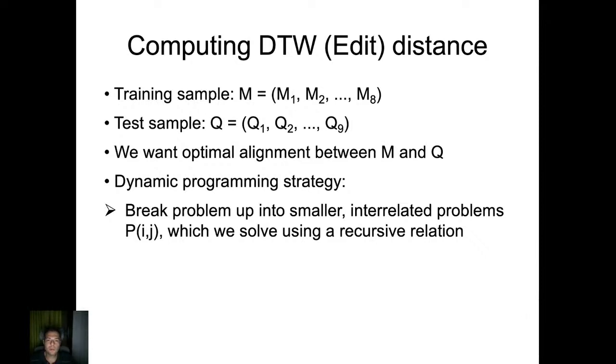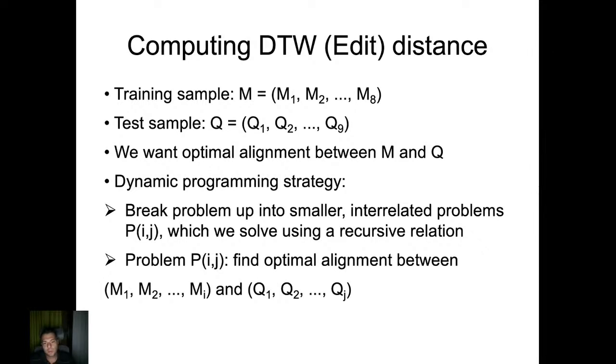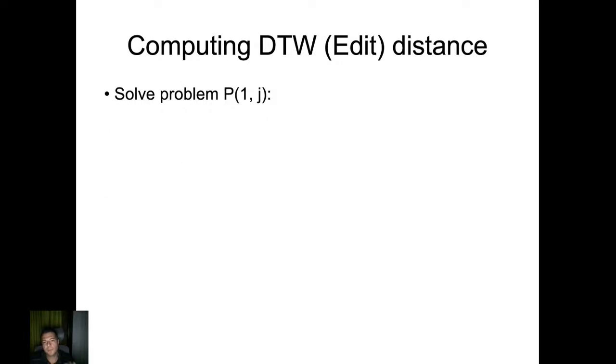So we try to solve the problem until components i from M and j from Q, and then we try to extend the solution to problems i plus 1 and j plus 1 and so on. Okay, so the problem is defined like this: find the optimal alignment for these sub-trajectories from M and Q.